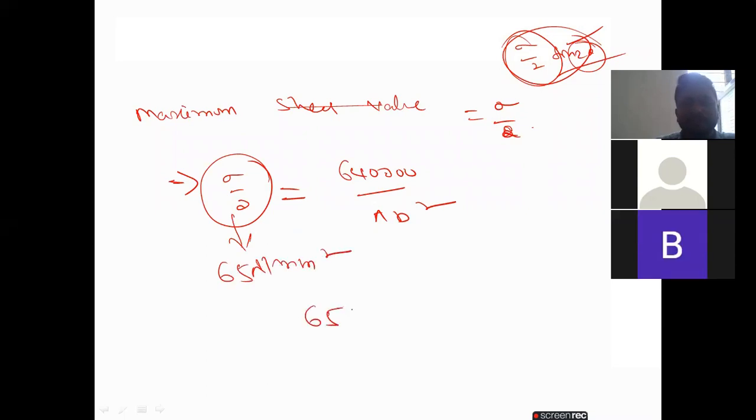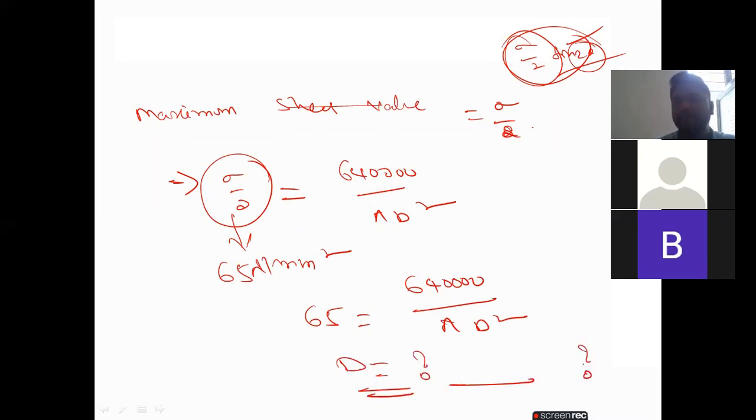So now 65 equal to 640,000 by pi into d square. Please calculate and tell me the d value. Anyone? Please respond. I will wait for 1 minute.